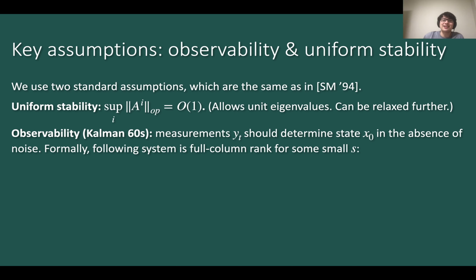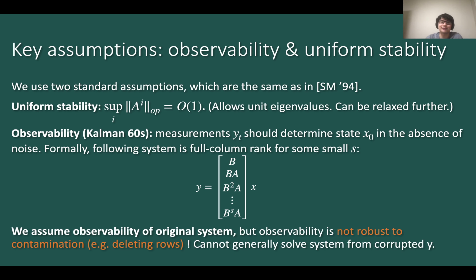And also the very classical assumption of observability, which is just saying that the measurements actually do provide for a meaningful estimate of the state. And what it's saying is that, say there's no noise, and I get all of the observations, up to say time s, I should actually be able to solve the corresponding linear system and get the state x0. So it's a condition that this linear system corresponding to the observations is actually full rank.